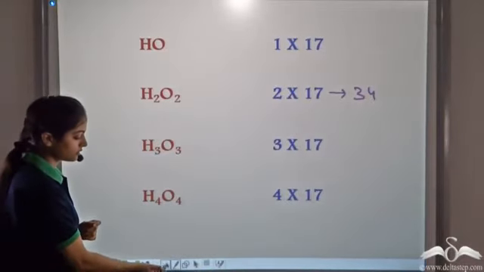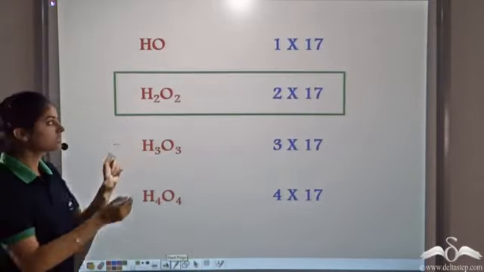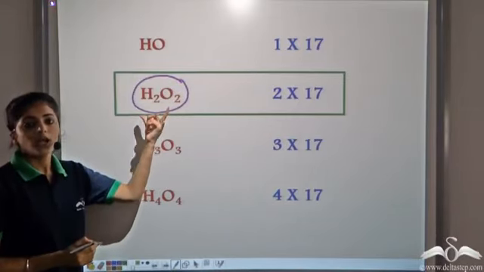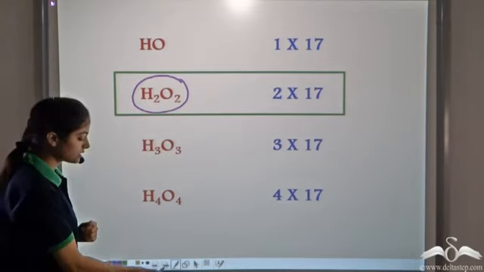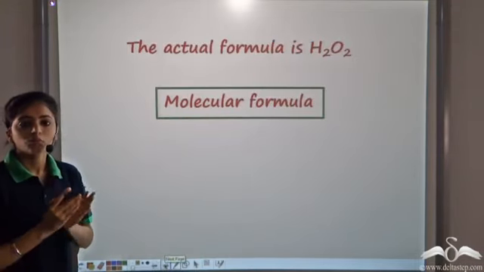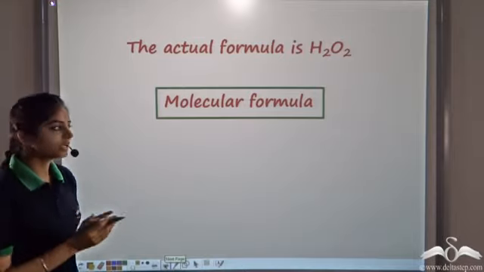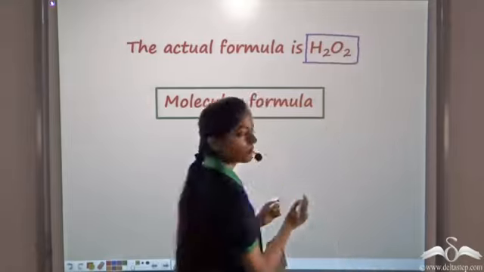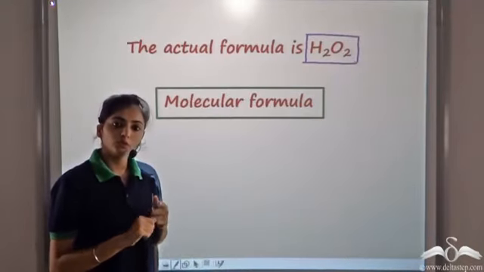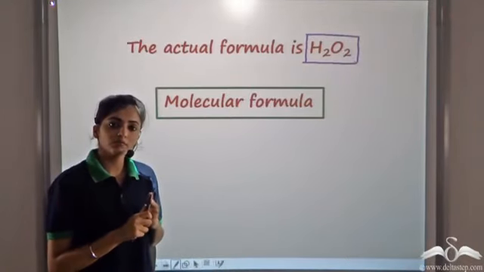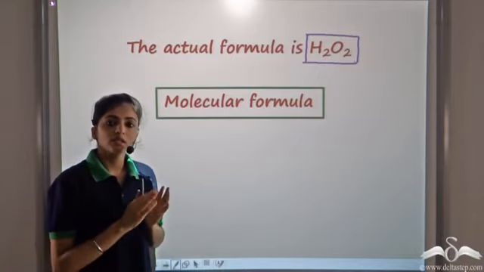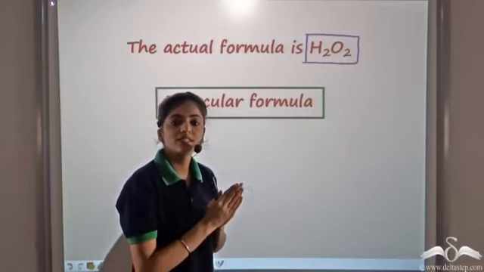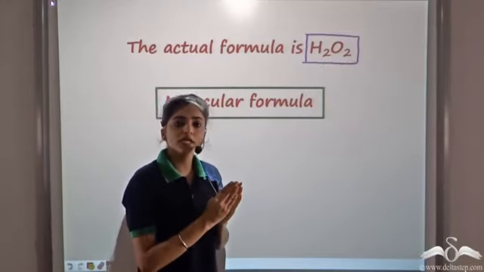So this shows that this is the actual formula of hydrogen peroxide, and this formula is known as molecular formula. Molecular formula shows the exact number of atoms which are present in a compound. From empirical formula, we know that the ratio of hydrogen atoms and oxygen atoms in hydrogen peroxide is 1:1, but we do not know the exact number of atoms of each.